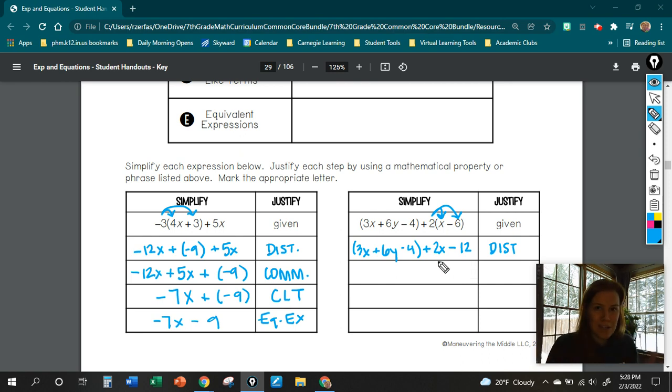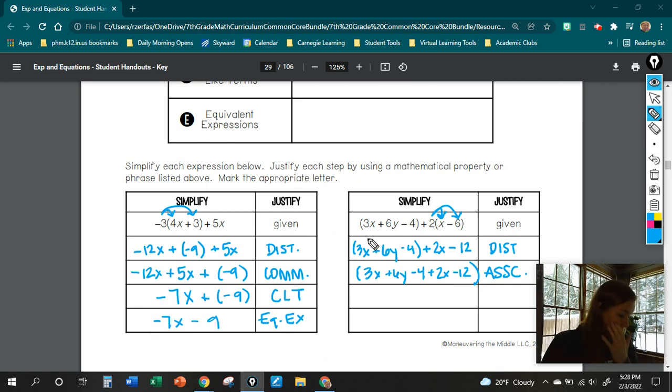So we need to change how the numbers are grouped. And to change how numbers are grouped, we're changing how they associate. We're using the associative property. So I'm just going to put all of them in parentheses. So 3x plus 6y minus 4 plus 2x minus 12. I'm going to just put them all in a giant group together.